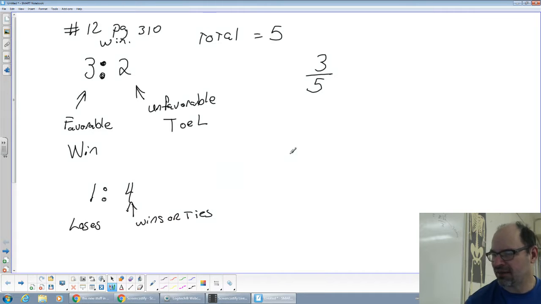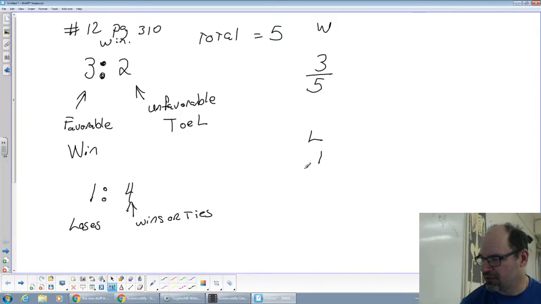Okay, so we can see that 3 out of 5 are wins. For losses, there's 1 out of 5. This is wins, so 3 out of the 5 are wins, and 1 out of the 5 are losses.